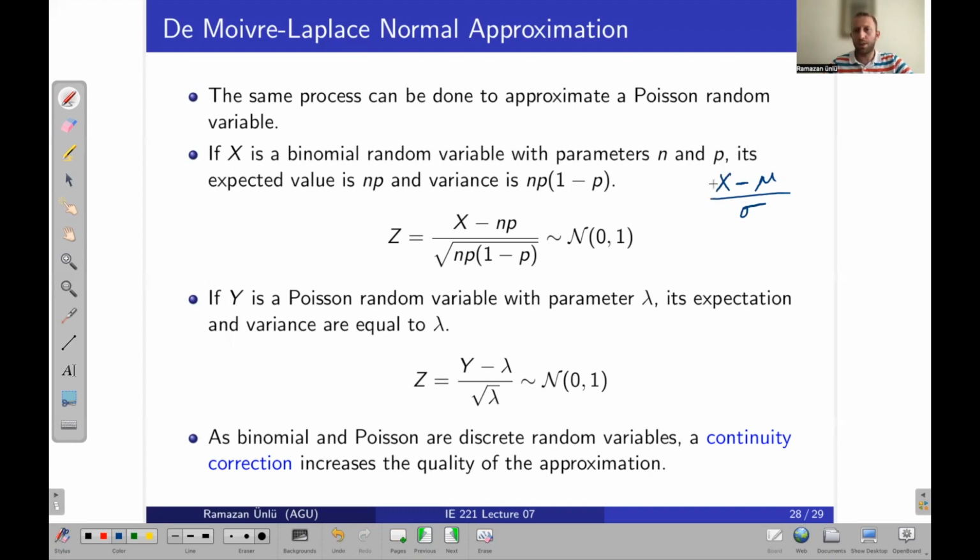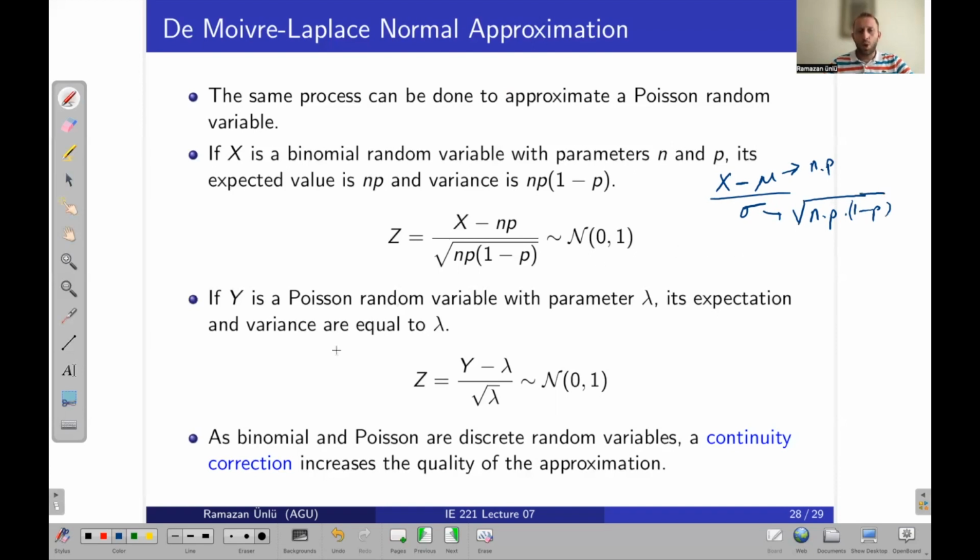So from the given random variable, we subtract the mean, and then we divide that value by the standard deviation. So what is mu in the case of the binomial distribution? It is n times p, right? And the standard deviation is the square root of n times p times 1 minus p.